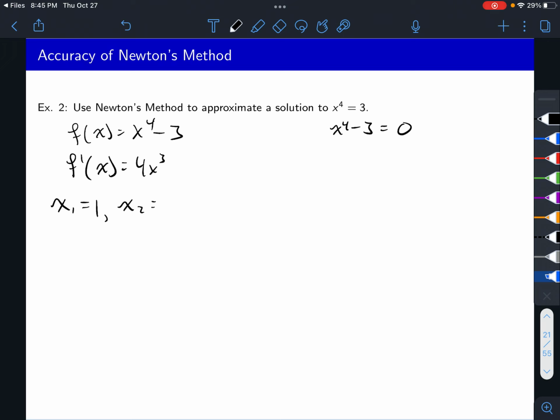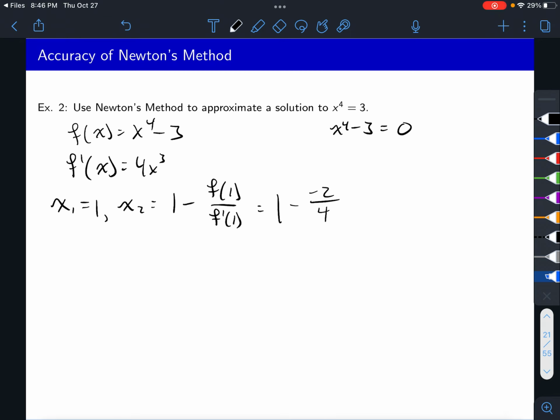x2 is then going to be 1 minus f of 1 over f prime of 1. So this is equal to f of 1 is 1 minus 3, which is negative 2.